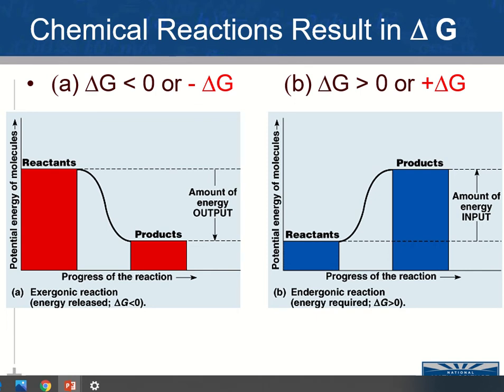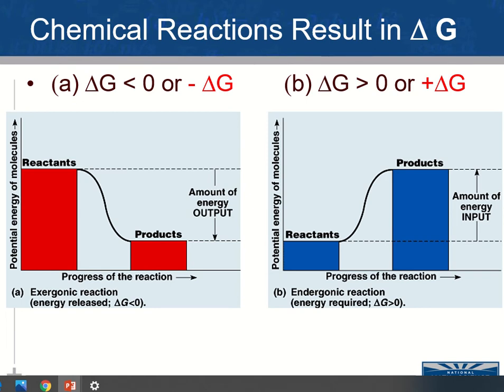Notice that in this first example, the initial state has more energy than the final state, so that the free energy change is a negative value. And it's exergonic, or it releases energy.